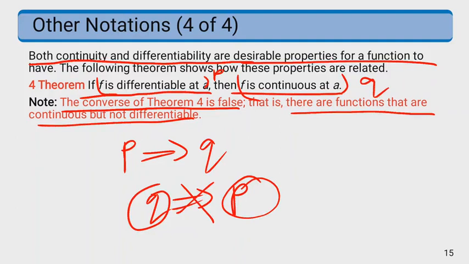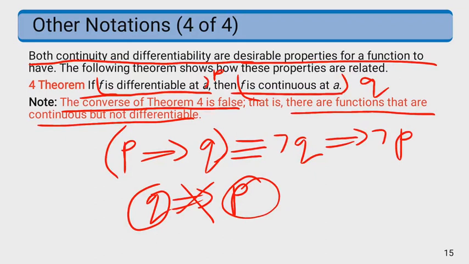One thing you learn with these statements, even those who are doing logic will tell you, is that this statement is equivalent to saying not Q implies not P. So what does it mean? In other words, if the function is not continuous, it's definitely not differentiable.